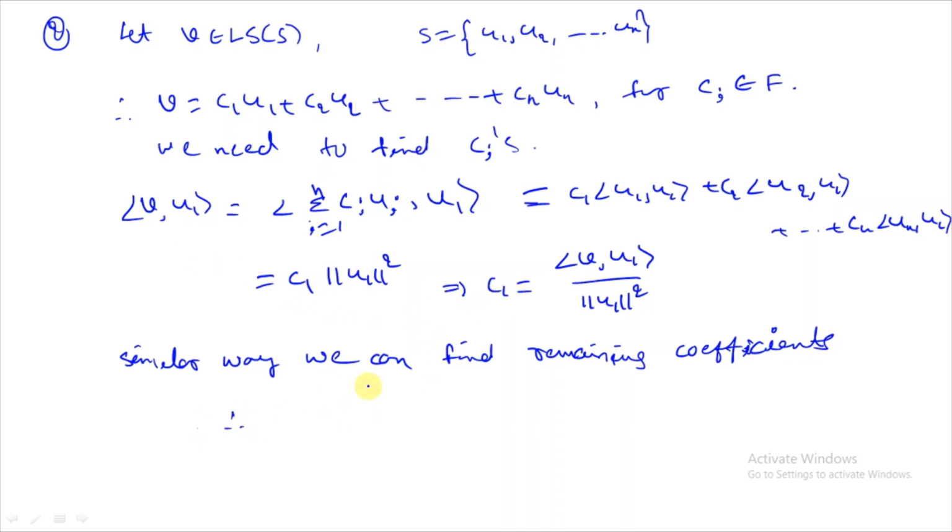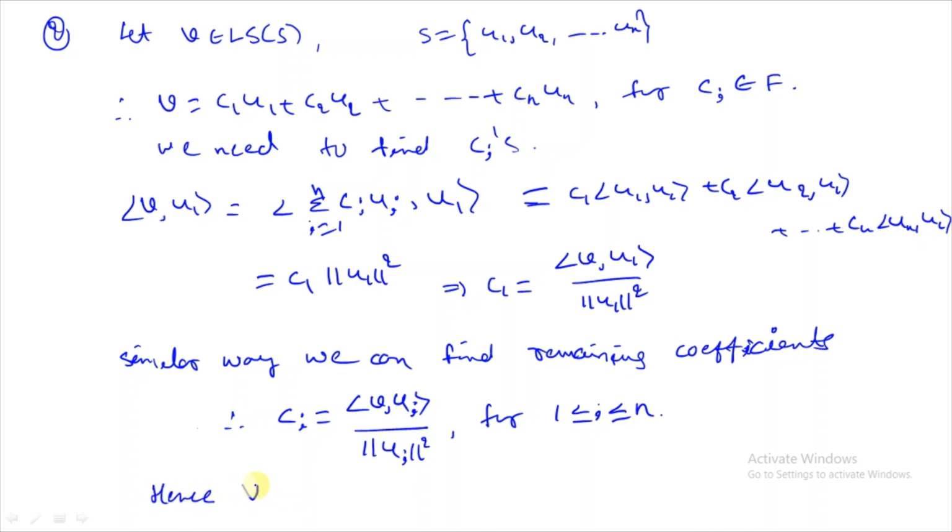So C1 is this one, C2 is V comma U2 by norm U2 square. Therefore, Ci is equal to V comma Ui by norm Ui square for 1 less than or equal to i less than or equal to n. Hence, V belongs to the linear span of S.